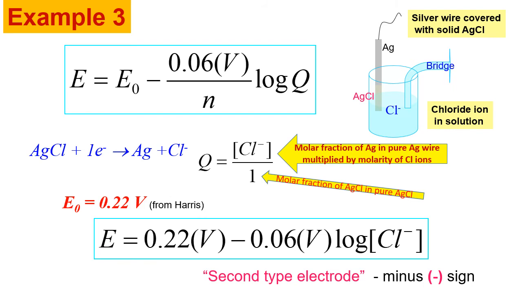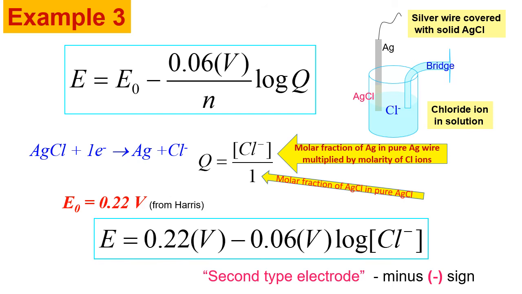In this case, above the line will be the molar fraction of silver in the silver wire. That's 1. Then the molarity of chloride ions. Below the line we'll have the molar fraction of silver chloride in pure silver chloride, which is 1 again.